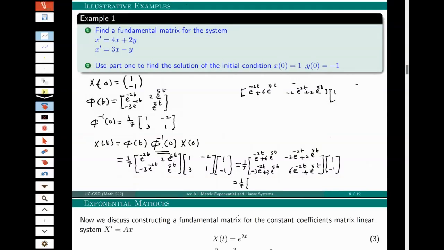When we multiply it with 1 and minus 1, we get e raised to the power minus 2t plus 6 e to the power 5t plus 2 e raised to the power minus 2t minus 2 e raised to the power 5t.